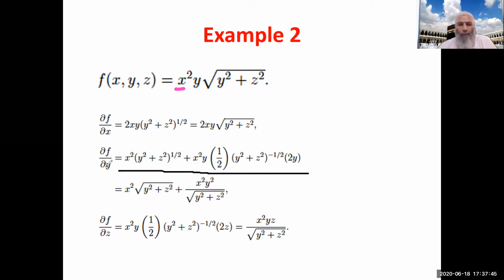So 2xy multiply root y squared plus z squared. Yes. Now this part is df dy. So this will take all of this with respect to y here and here. Now he is going to do what? I think he's using, I forgot the name of this rule, probably the product rule, the multiplication rule for derivatives.